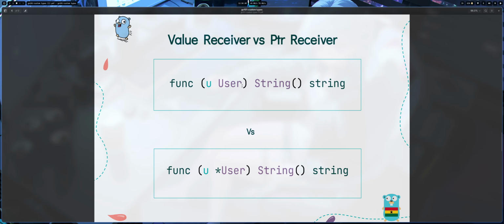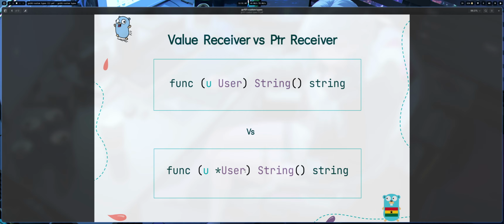And so when you try to modify a field in the user object or the user itself, it wouldn't work because you're merely operating on a copy of the object and not the object itself. On the other hand, if you define it as so, this is a pointer receiver. If you try to make a modification, it is going to affect the original object, right?